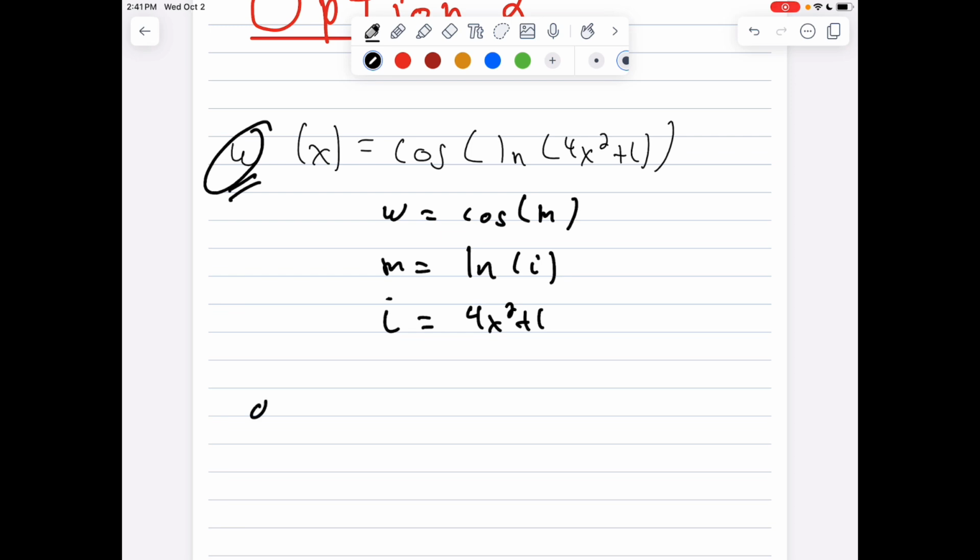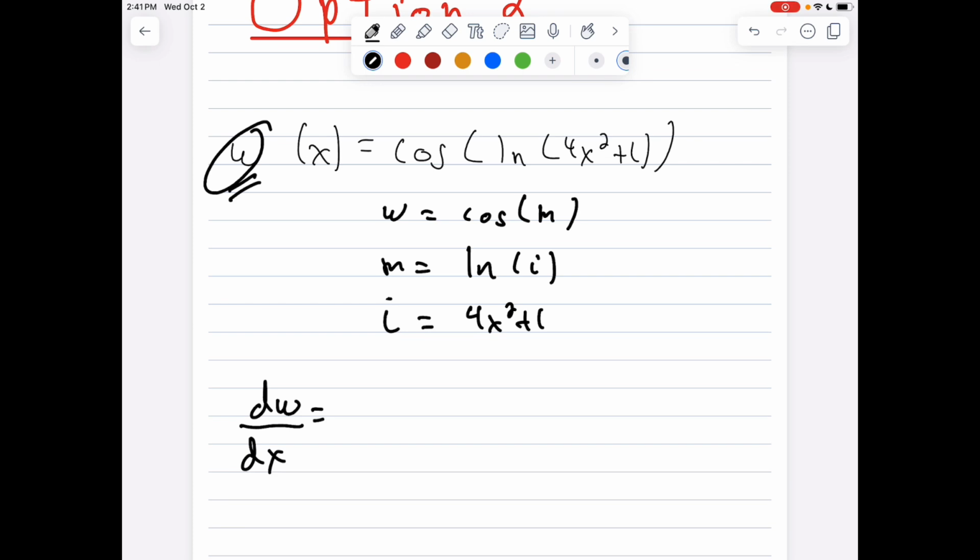So what I'm looking for at the end of the day is dw dx. I'm using the Leibniz notation, the fractional notation for derivatives, or well, some people say it's a fraction, but it's not really a fraction. Anyways, here's how this works.